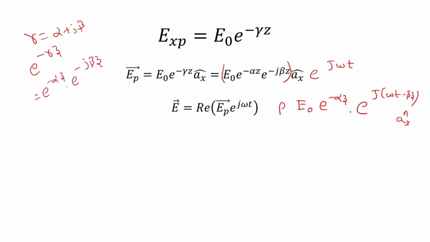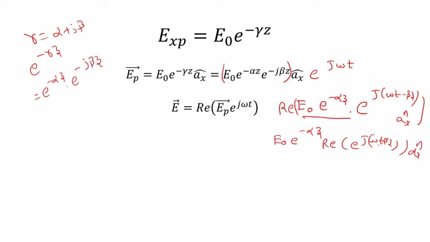And if I take the real part of it, because these are purely real, I can take them outside before the real part of exponential of j omega t minus beta z along the direction of ax cap.